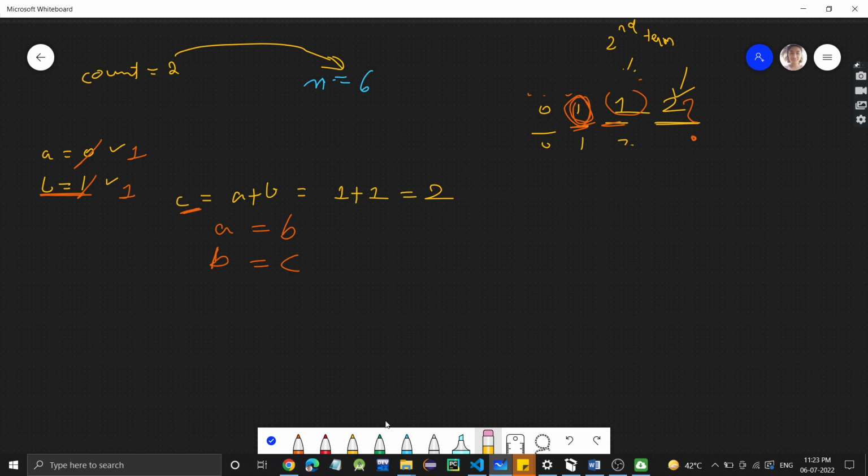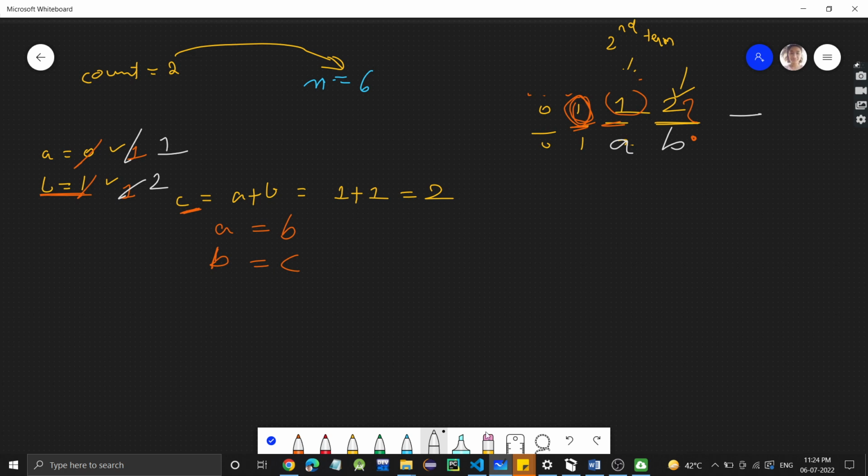We have to update the previous two terms. So this should be B and this should be A, right, for the next one. So the B value we will assign to A, 1, and the C value we will assign to B, 2.